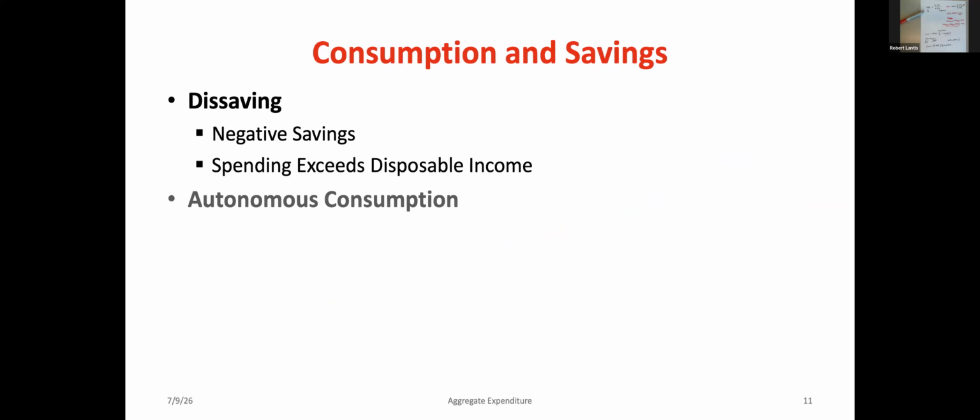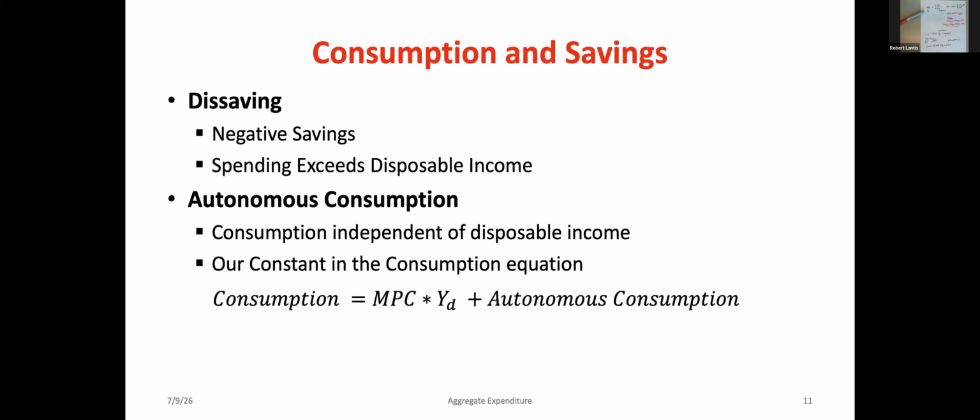So here, to give us some more definitions: if we have consumption exceeding our disposable income, that means we're consuming more products than the money we have available. We must be borrowing money, or we have negative savings. As soon as our consumption falls below our current level of disposable income, that means we must be putting money aside.